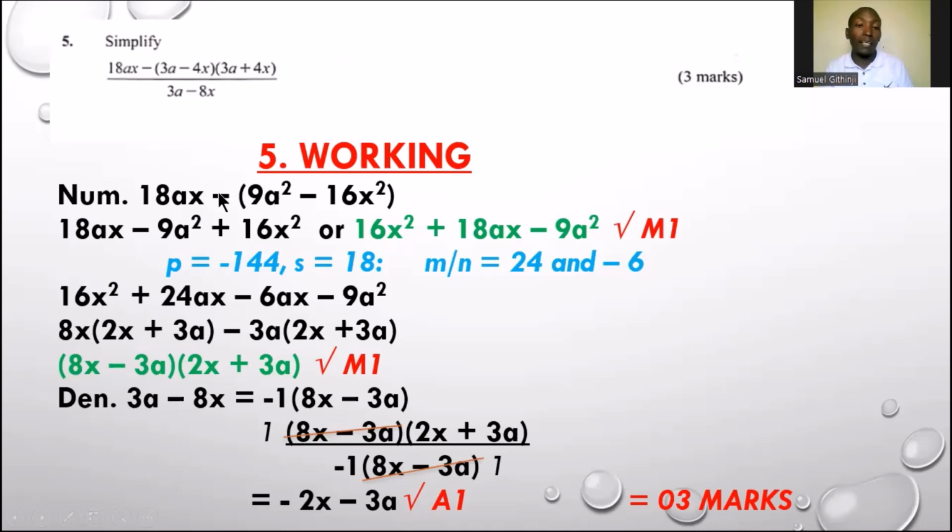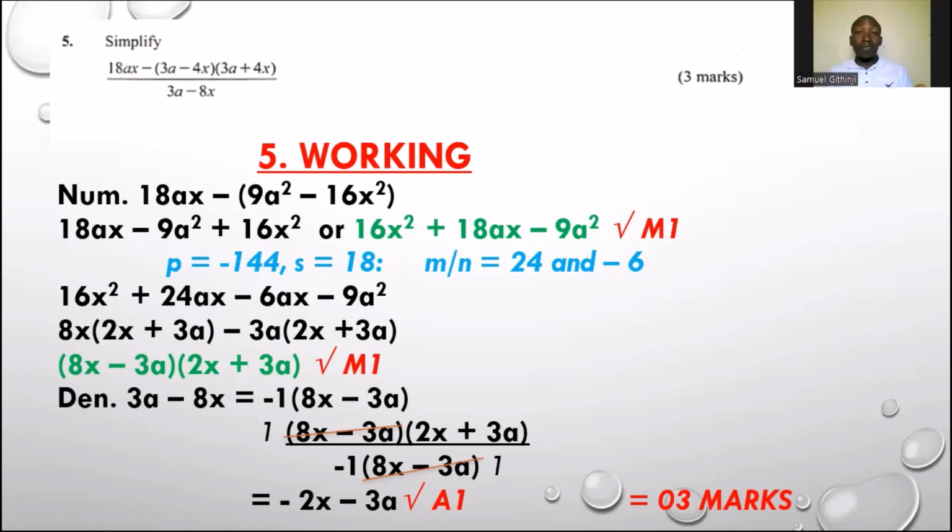If I open this bracket here, I'll get 18ax minus 9a squared plus 16x squared. Or just the other way around. The 16x squared plus 18ax minus 9a squared. If I consider that 16 is my coefficient, the coefficient of x squared, 18a is the coefficient of x, and then the negative 9a squared is the constant.